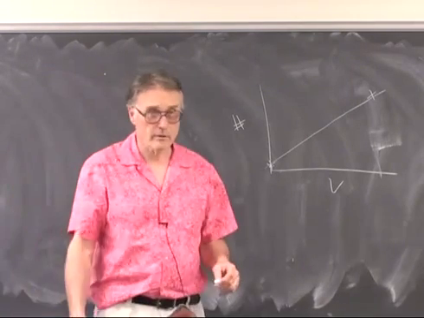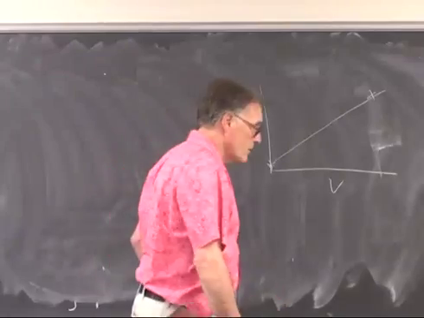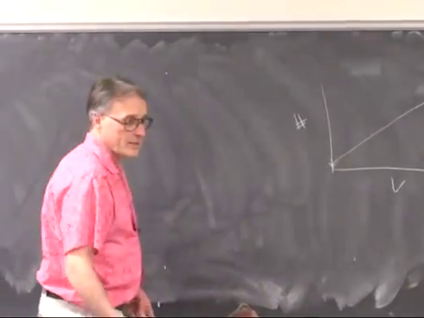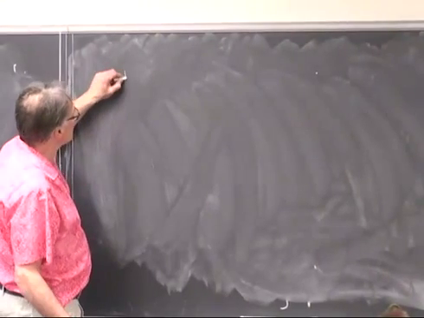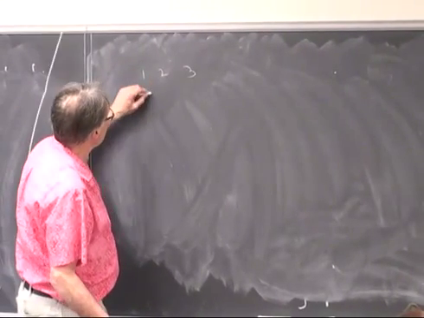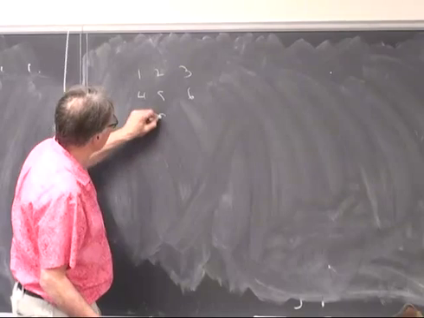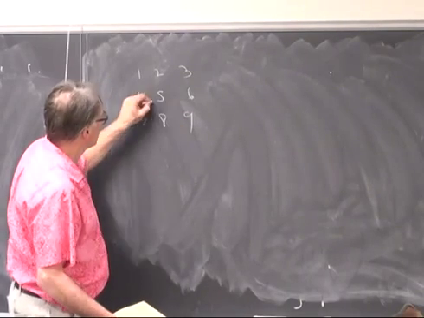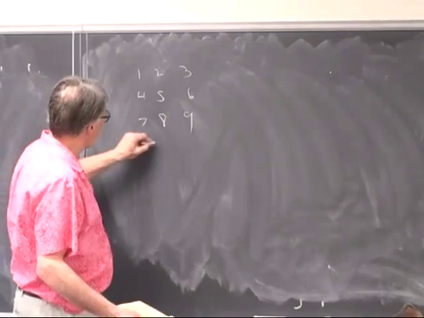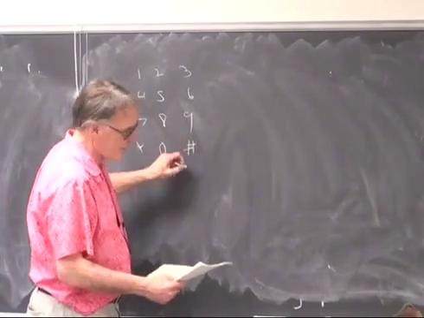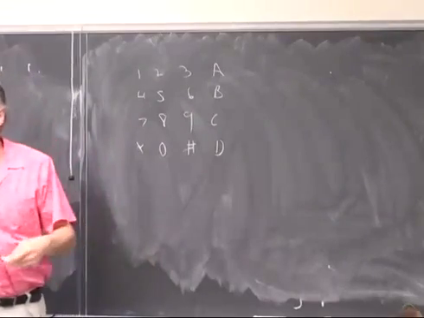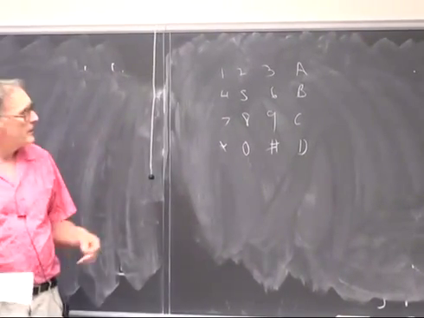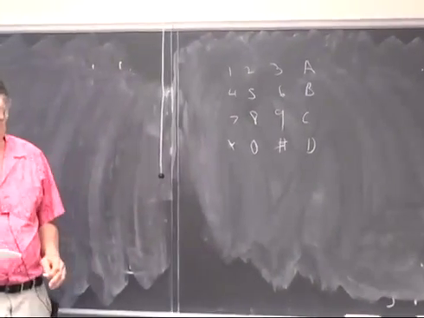Okay, now keypads. So the keypads are arranged. We have these 16 keypads. 1, 2, 3, 4, 5, 6, 7, 8, 9, star, 0, pound, A, B, C, D, or some layout like that. They vary a little bit, but most of them are in that outline.